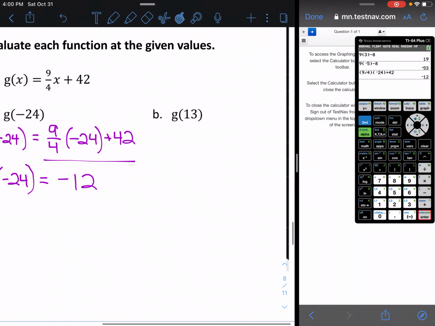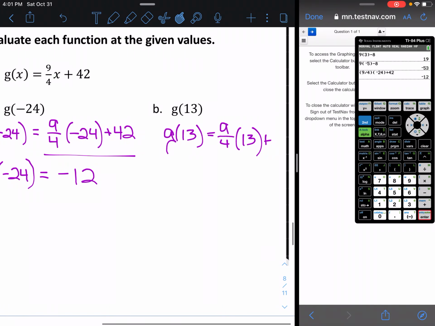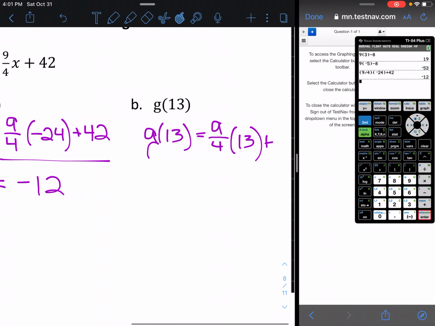So let's write it out first. g of 13 equals 9/4 times 13. Okay, again, wherever I see an x, I'm replacing it with 13 in this case. Plus 42. Okay, kind of running out of room there, but I'm going to type that in now.